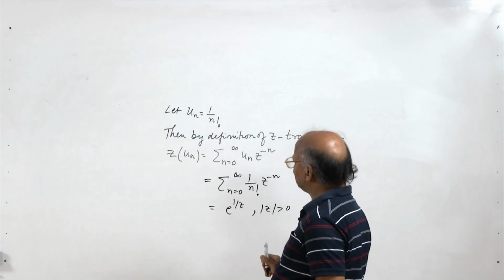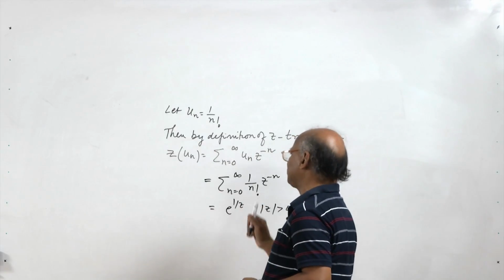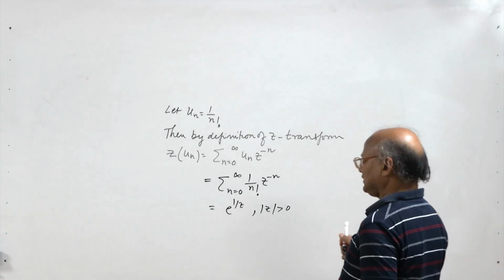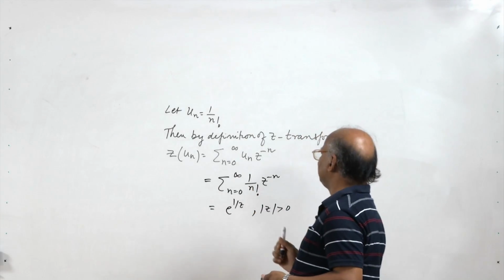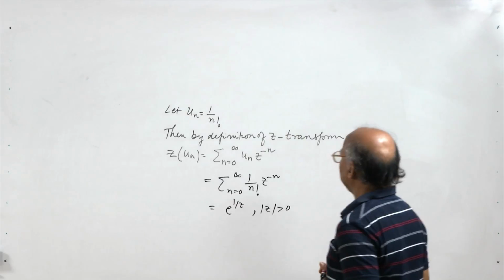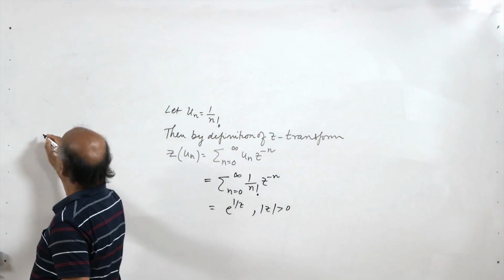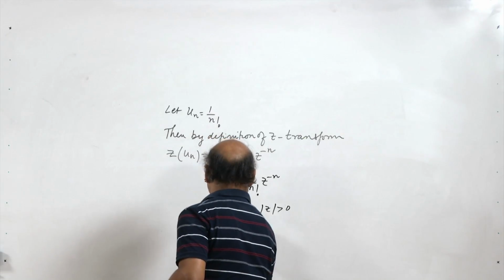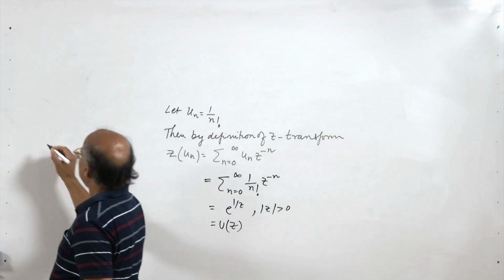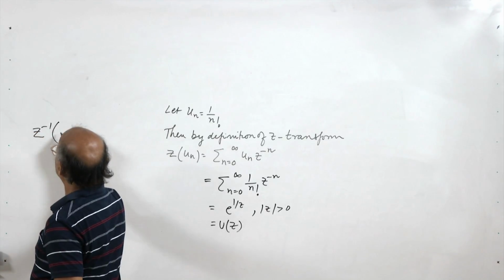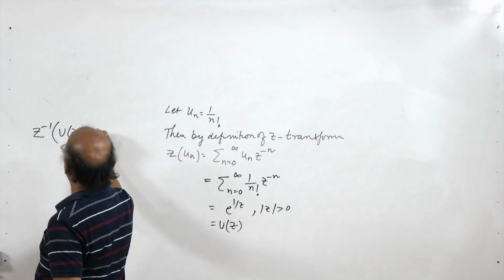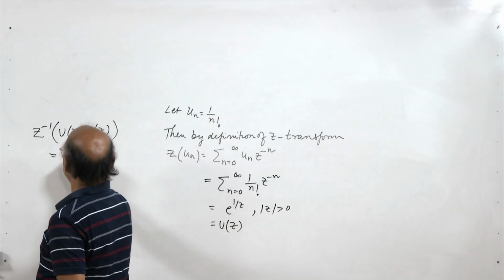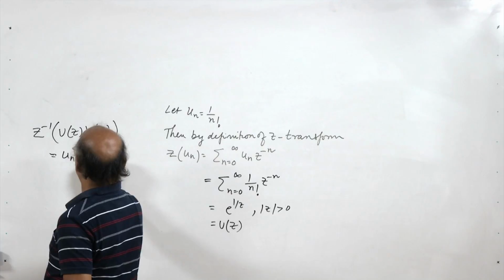and e to the power 1 by Z, the exponential function, is expanded into the Maclaurin series, or the Laurent series, n equal to 0 to infinity 1 by n factorial Z to the power minus n. Now, let us find the Z inverse of Uz into Vz. So, this is Uz. Now, Z inverse of Uz into Vz, we know this is equal to un star vn.